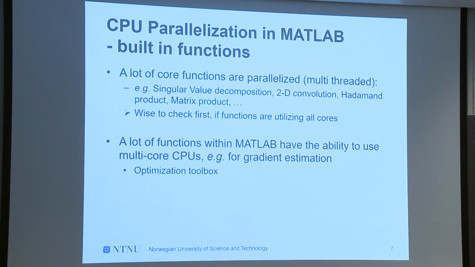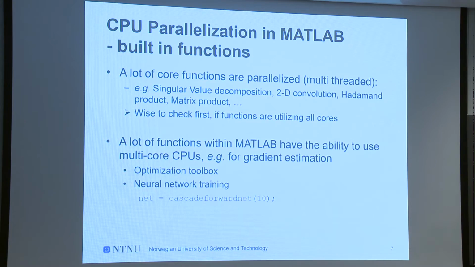The second thing, where I use it personally, is neural network training. In neural network training, you also have a lot of calculations which you can parallelize. Assume we have a simple cascade forward net, just one hidden layer, 10 hidden neurons.